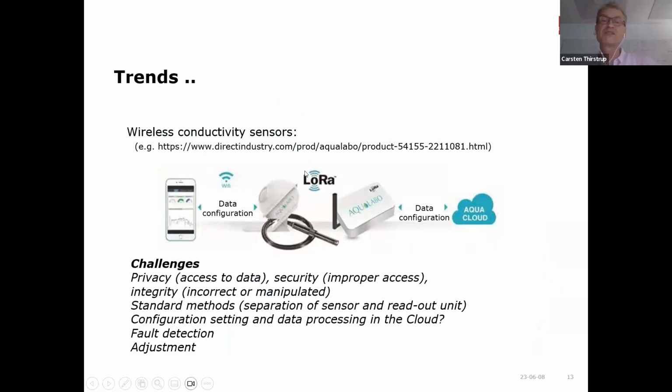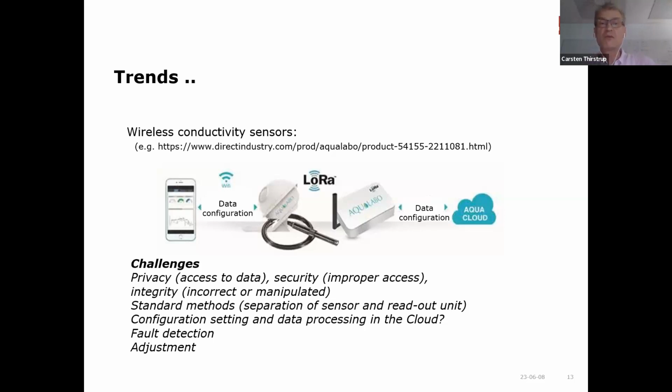But this can give us some challenges if we use the ASTM standard, as I told you before, where you make electrical calibrations of the readout unit and then make a calibration in a solution with the sensor and the readout unit.